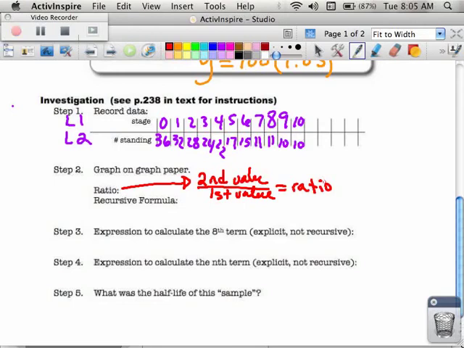By going 32 divided by 36. Check that out, what you get. 0.8 repeating. I could also try a different set of numbers, like for example, if I wasn't sure if that was the right one, I could also maybe do the second divided by the first.